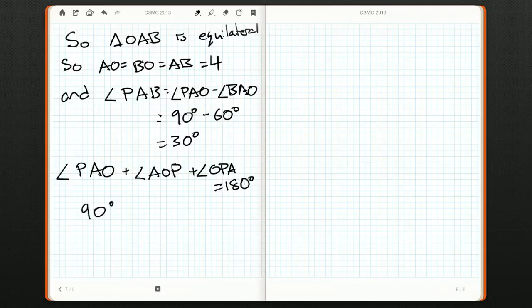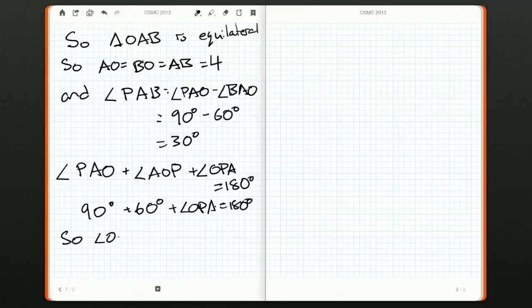So 90 degrees plus 60 degrees plus angle OPA is equal to 180 degrees. So OPA, that's also going to be 30 degrees.